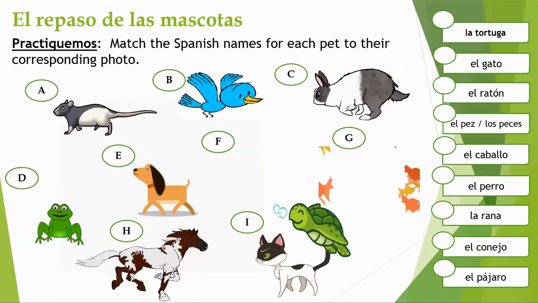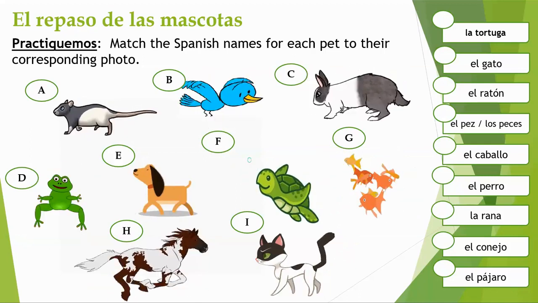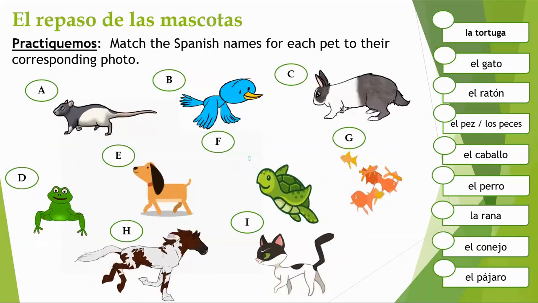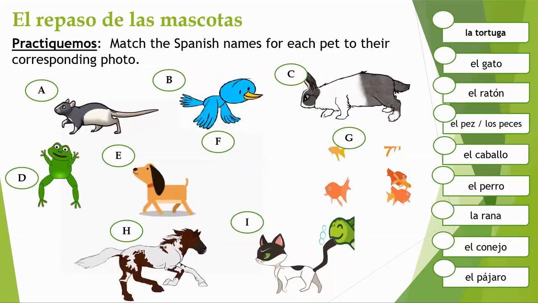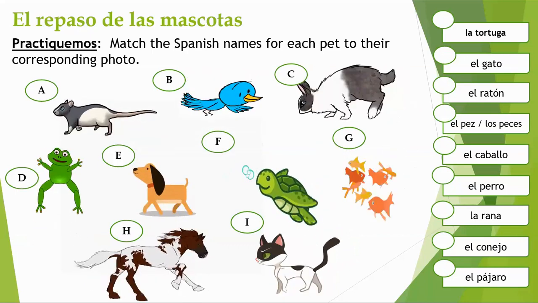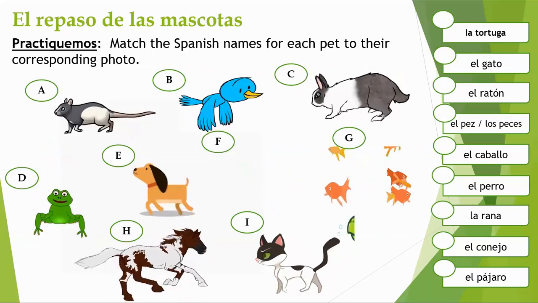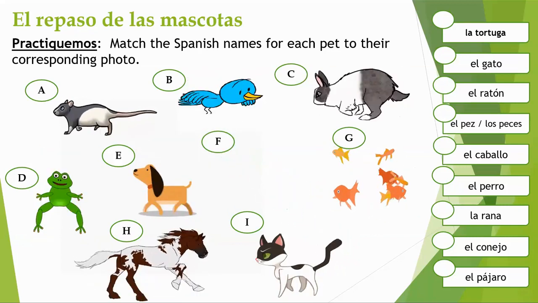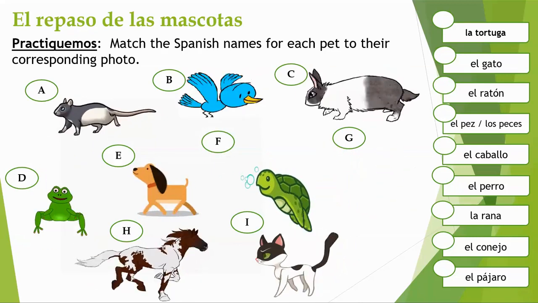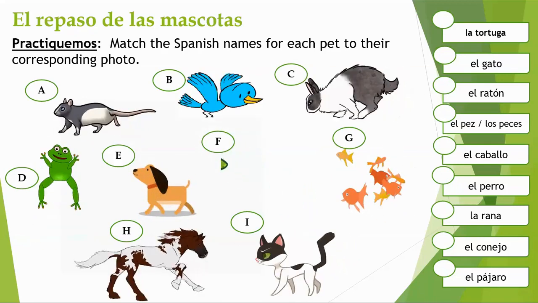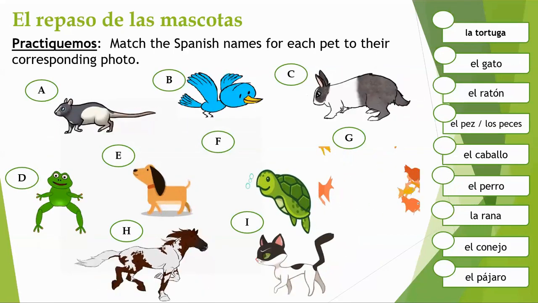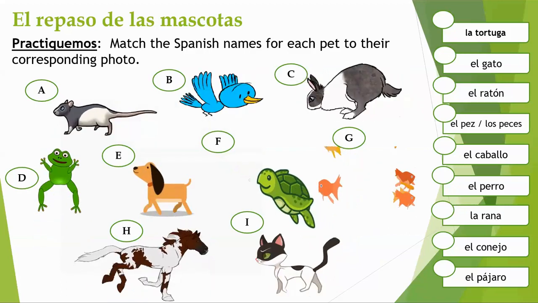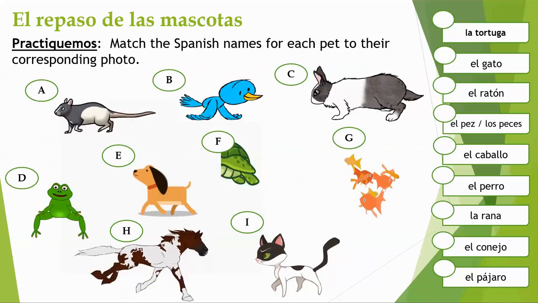B is el pájaro. Sorry, I can't pronounce words in Spanish. Pájaro. All right. El pájaro is bird. And what is D? La rana. La rana. That's the only thing that's left. Okay. Oh, we missed C. Who knows what C is? El conejo. I can't pronounce that. Conejo. El conejo. Conejo is rabbit.